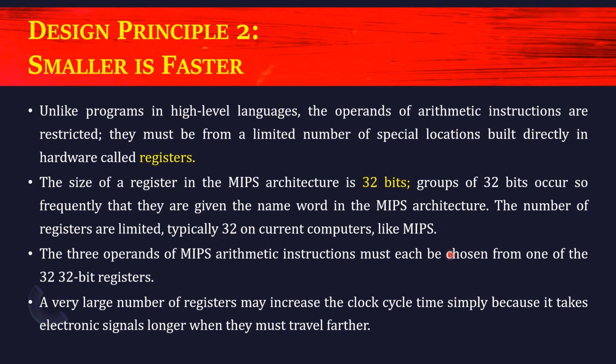A very large number of registers may increase the clock cycle time simply because it takes electronic signals longer when they must travel further. So we limit the number of registers. Here, in the case of MIPS architecture, we have only 32 32-bit registers.